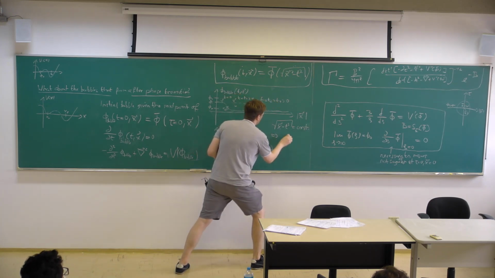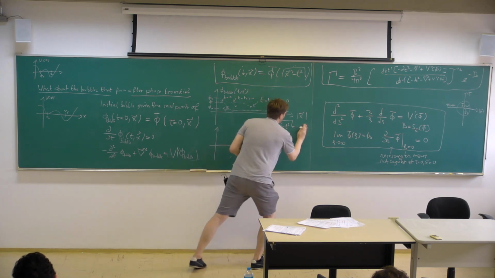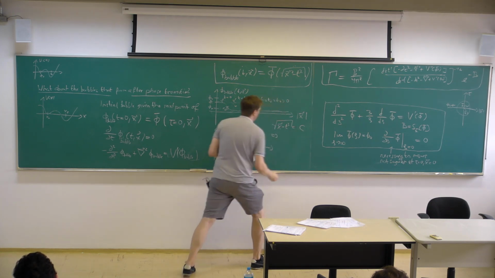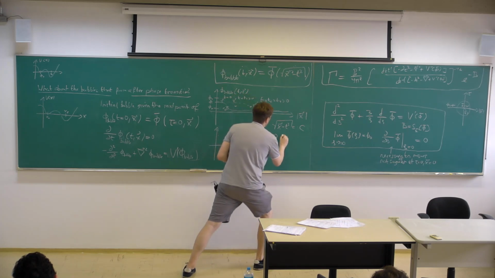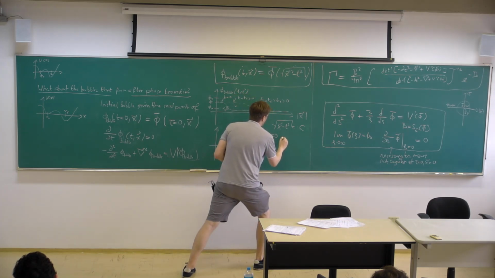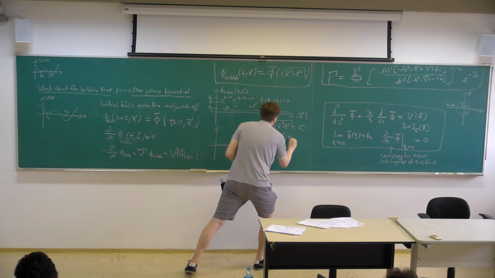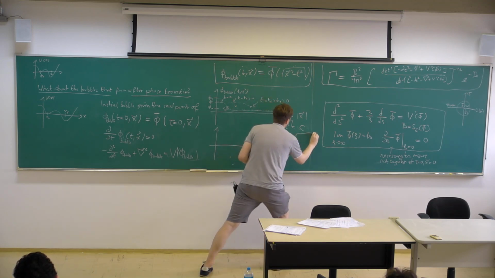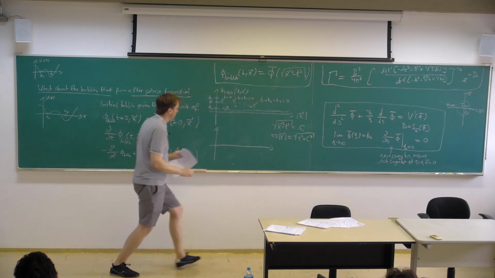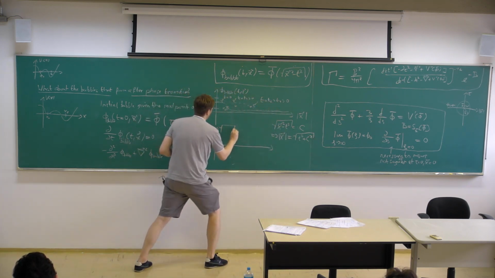The value c depends on my choice, so then x is equal to the square root of t squared plus c squared, right? So I'm drawing this.